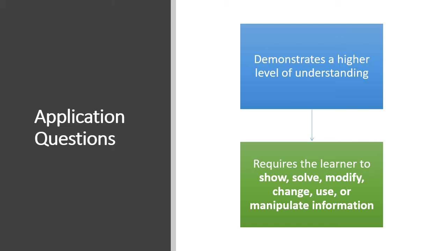The concepts may be theories, technical principles, rules of procedures, generalizations, or ideas that have to be applied in a presented scenario. Application questions test your ability to use information in a new situation.